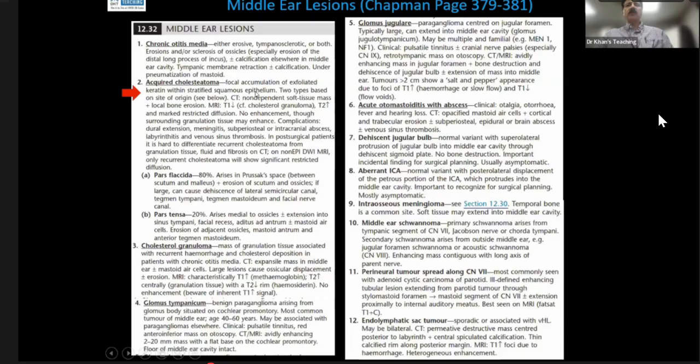The only thing is that when it is within the intracranial cavity, we call it an epidermoid. But in the temporal bone, we call it a cholesteatoma. We have made life uneasy for ourselves, difficult for ourselves. But remember that it will show restricted diffusion.